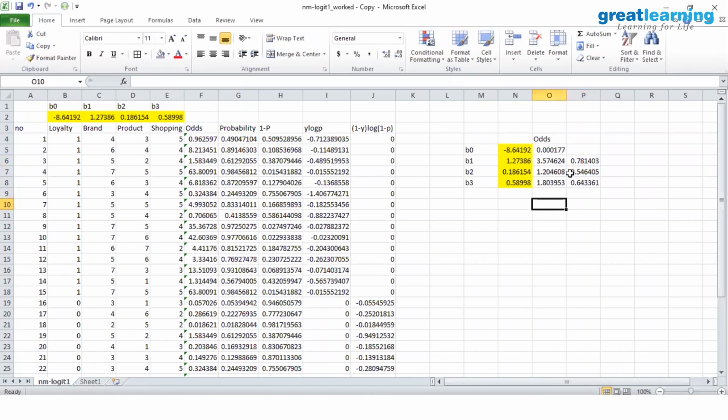So this B1 is representing brand, this product, and this is shopping. Which customers are more loyal? Brand based customers, or the customers who are product based, or the persons who are shopping?